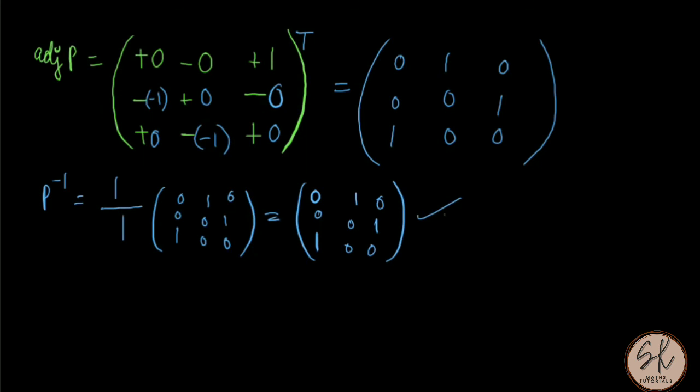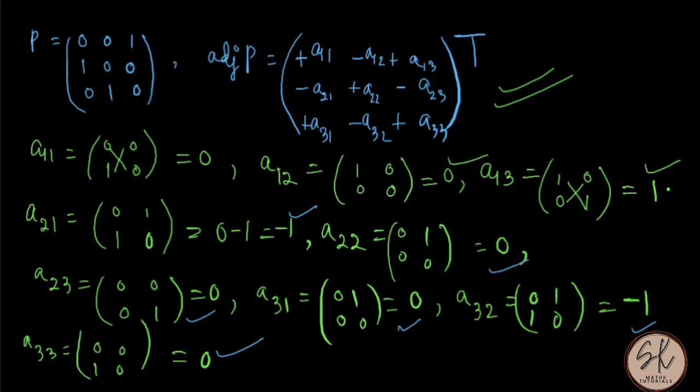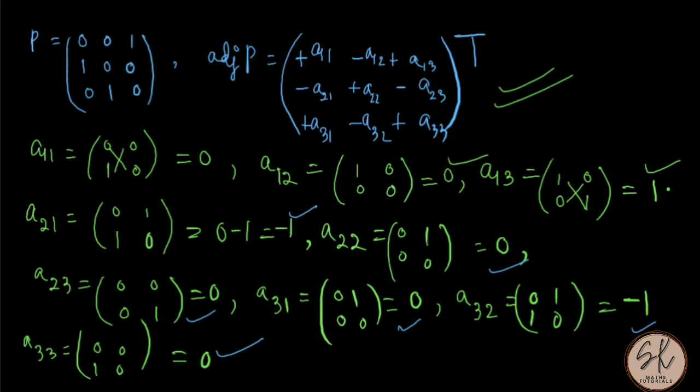Okay. So we got this as P inverse, and now let us find the P transpose. Okay. So yeah, we know that P is equal to 0, 0, 1, 1, 0, 0 and 0, 1, 0, isn't it? Well, let me check this.